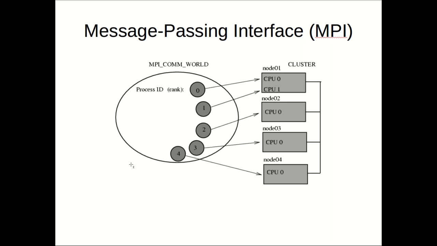This kind of correspondence between a unique ID and a computing hardware, like a CPU core, has already been established for you inside of the MPI library. And all we have to do is utilize this capability in our parallel program.